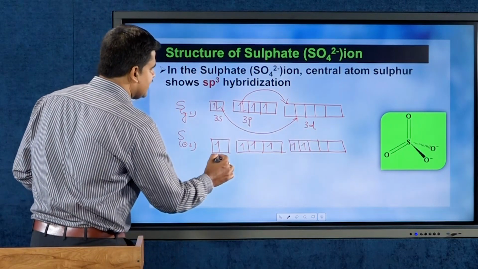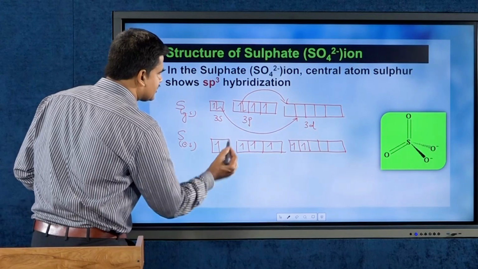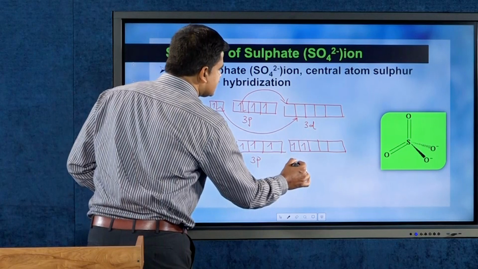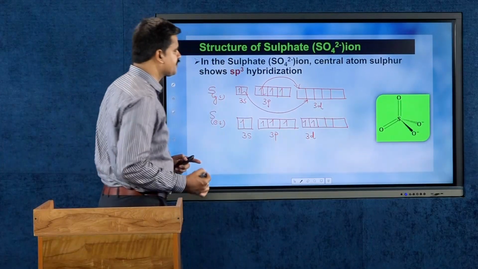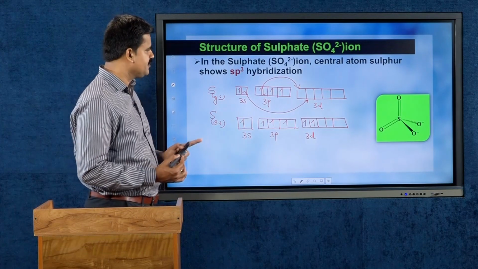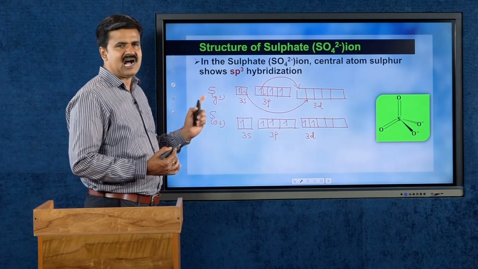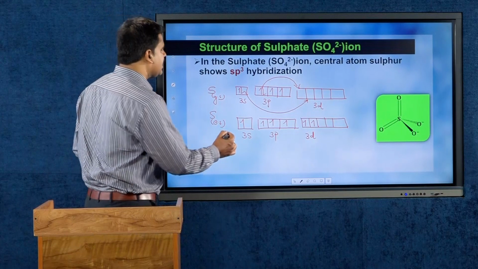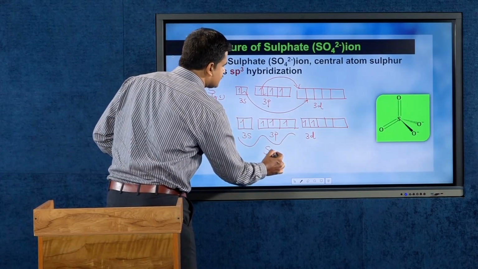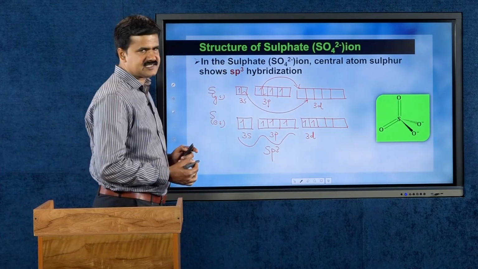This is the excited state arrangement of 3s. This is the arrangement in 3p. This is the arrangement in 3d. And among these half-filled orbitals, the 3s orbital and 3p orbitals undergo hybridization. That is nothing but sp3 hybridization.